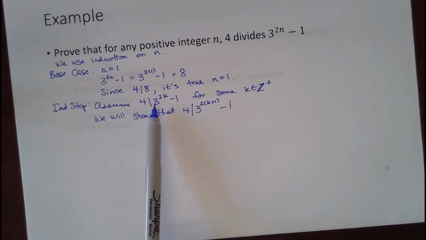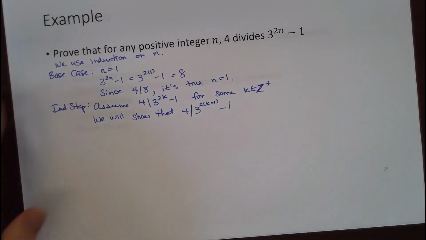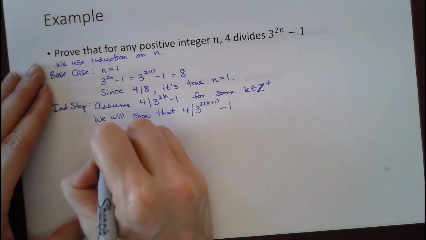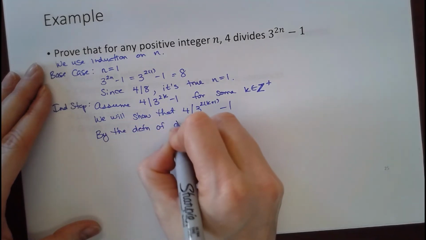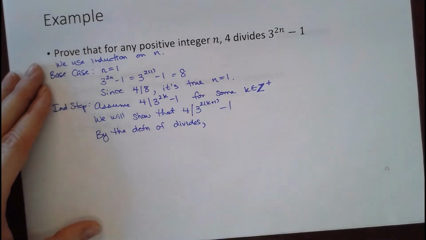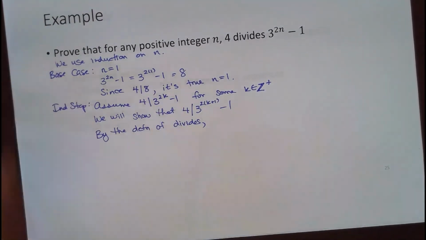we have this 4 divides 3 to the 2k minus 1. Okay. So let's think about the definition of divides and what that would mean. So by the definition of divides, okay, so what would we get from that? What's the definition for 4 divides some value?